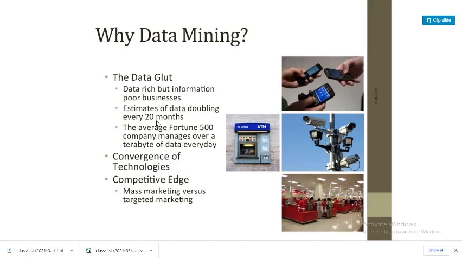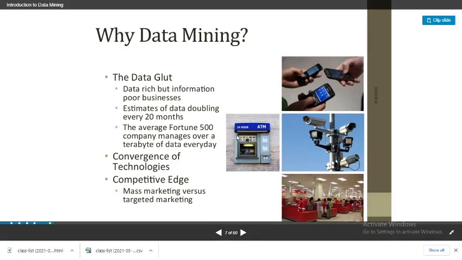Got it? Convergence of technologies. See here, technology is growing like anything. Use the technology for collecting data. Information is collected from the ATM, and data is collected from the CCTV cameras.